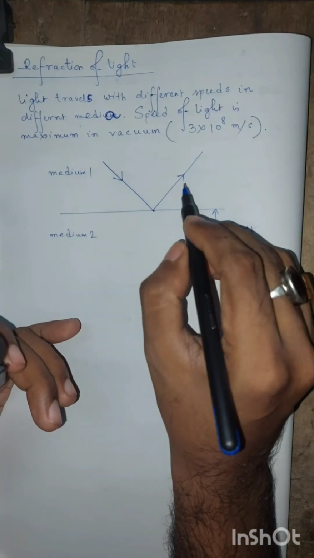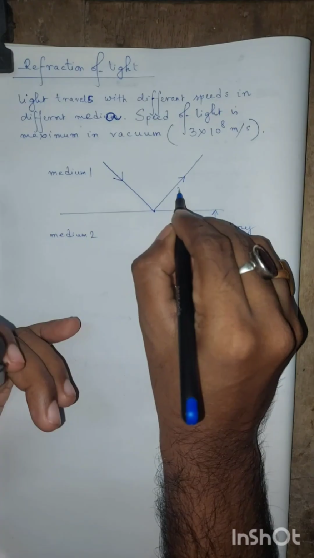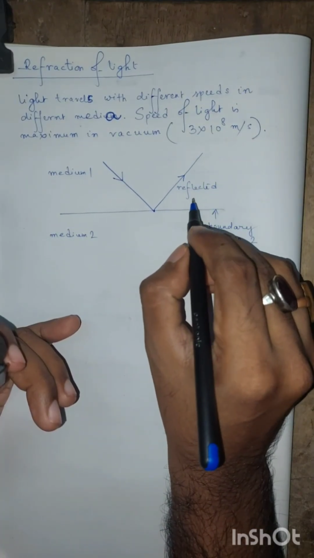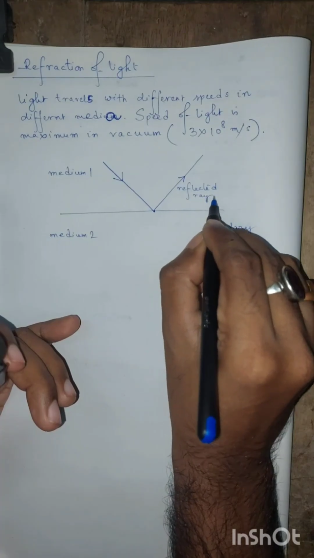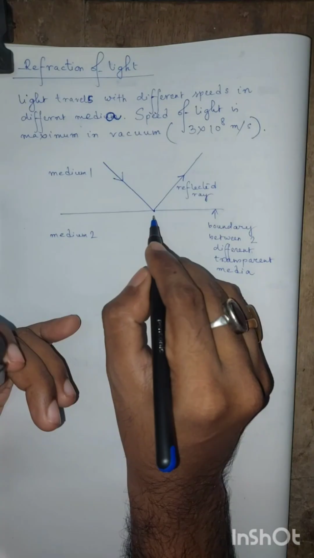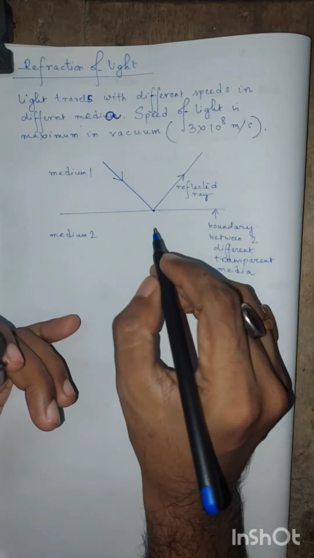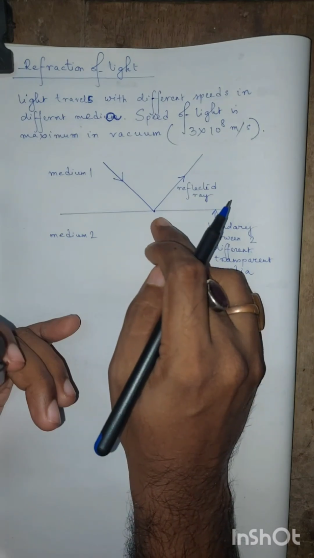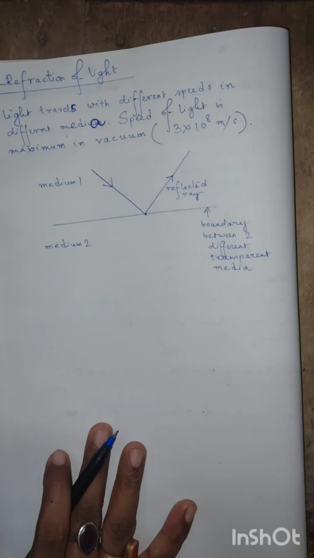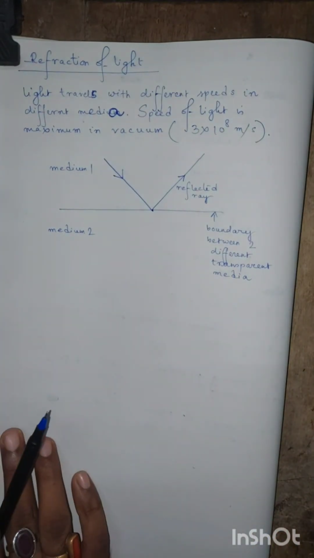So this is the reflected part, and another part of the incoming ray enters the second medium. So when it enters the second medium, it changes its direction.